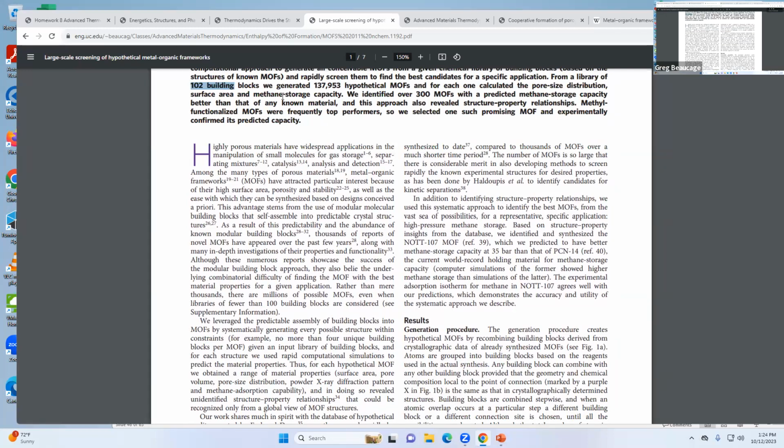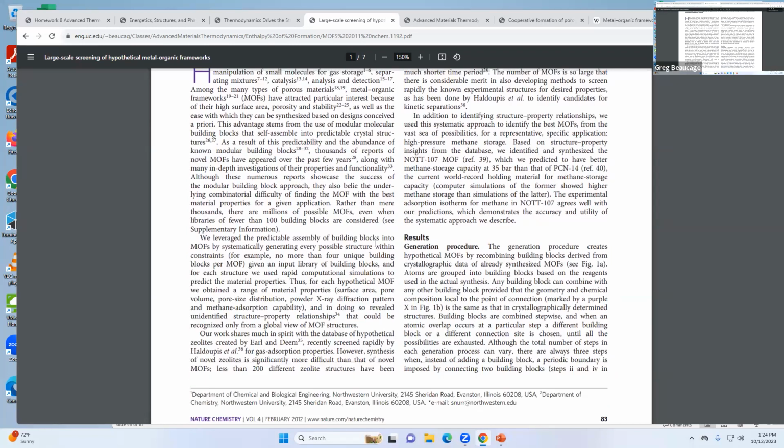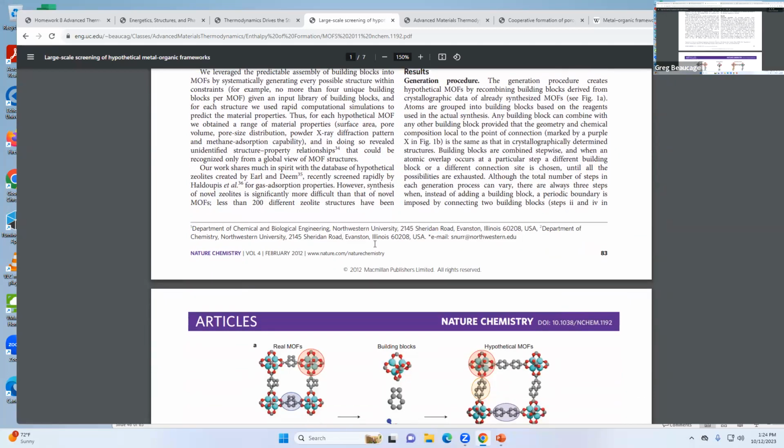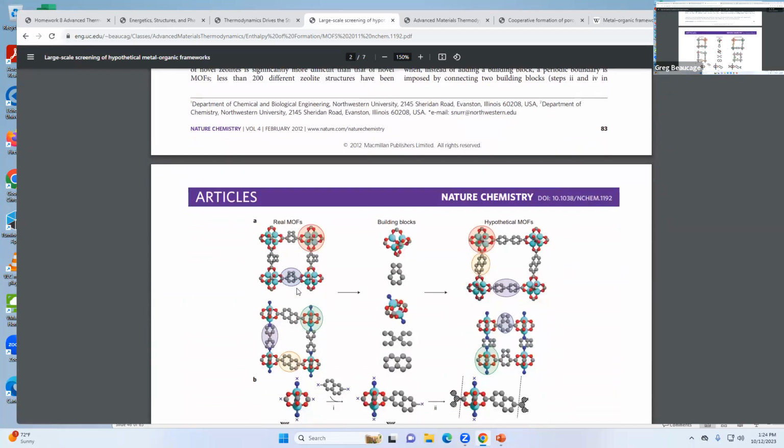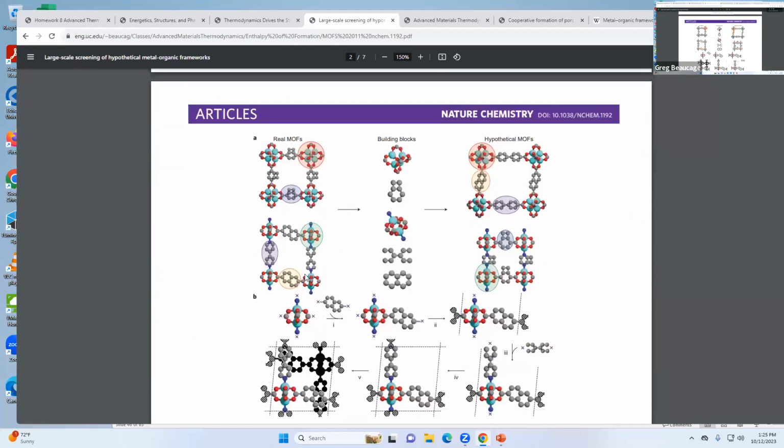So basically, they're going to just take the basic concepts of those groups and turn them into what they call Lego blocks. So just turn them into blocks, then they're going to take those blocks and let it cook through a kind of Monte Carlo simulation to let those blocks form MOFs.